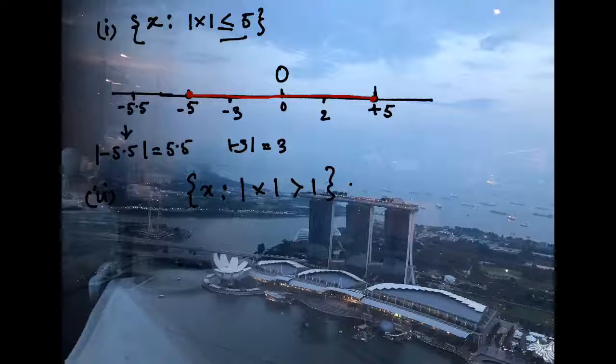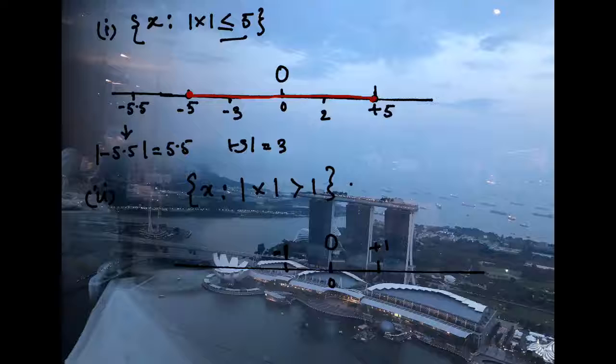So take that on a number line. It's a line and this is our origin O, so this is 0. Now I am taking here plus 1 and here minus 1.